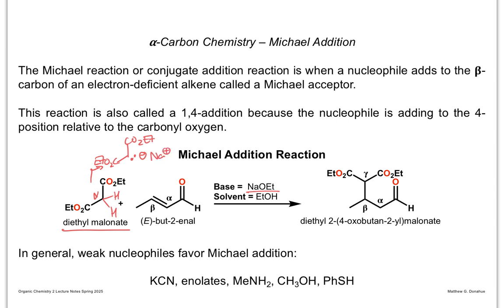So now that's a nucleophile. This negative charge will attack here and then push electrons onto that alpha carbon. And so that's an enolate.